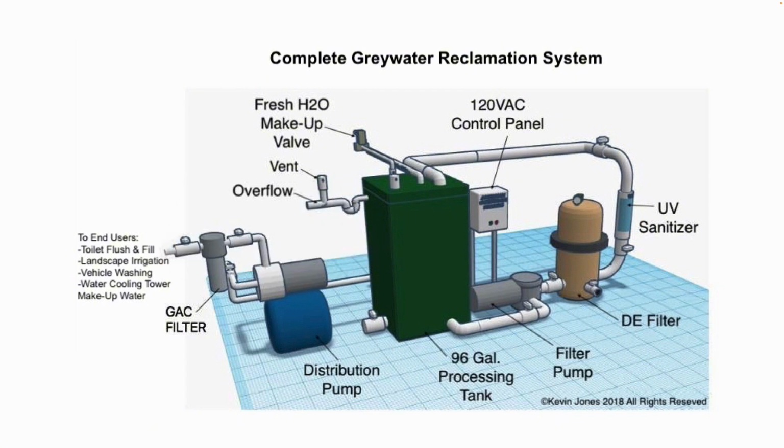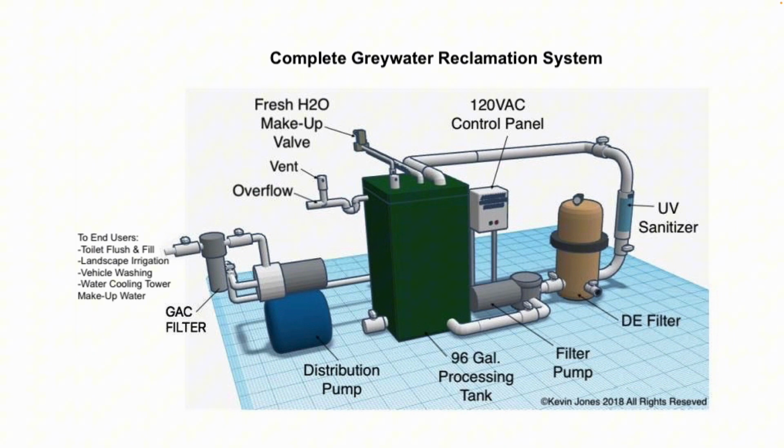There is a filter pump that will turn on and pump that dirty gray water through a filter, a reusable filter, in this case a DE filter, which stands for diatomaceous earth. And then it will pump it through a UV sanitizer or sterilizer, and then kidney loop that water back into the processing tank. And this filter pump has a high GPM rating.